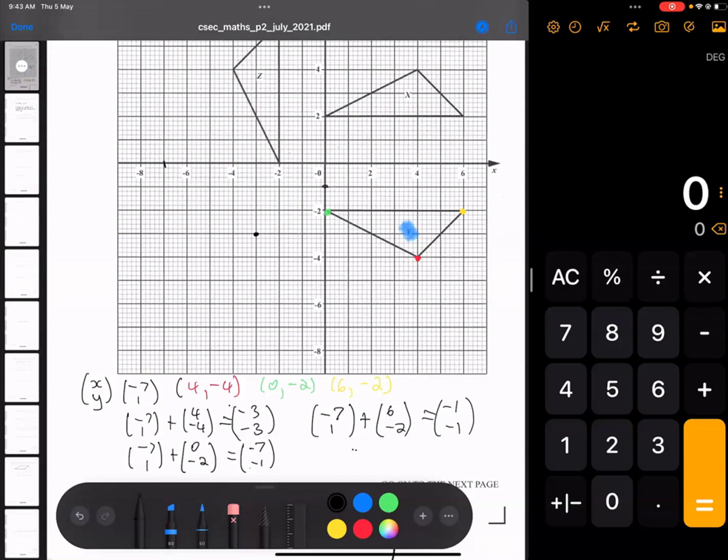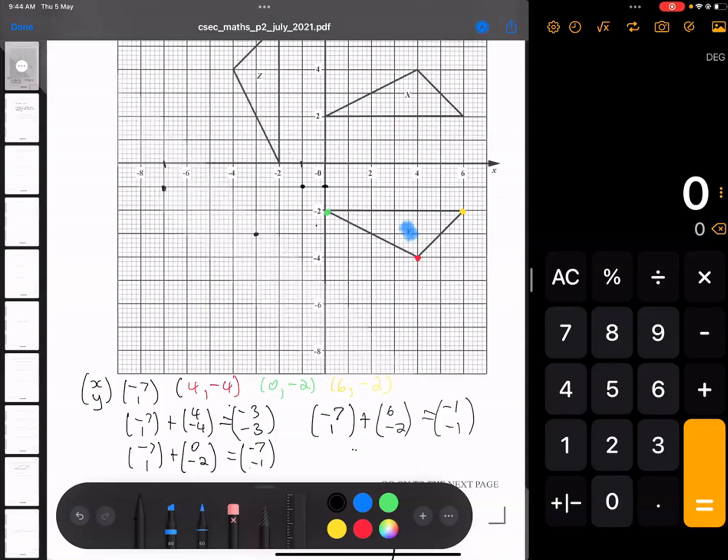So they would meet up right here. This is our point. And then our last one, -1, -1. -1 should be between 0 and -2 on both axes, so our point should be right here.